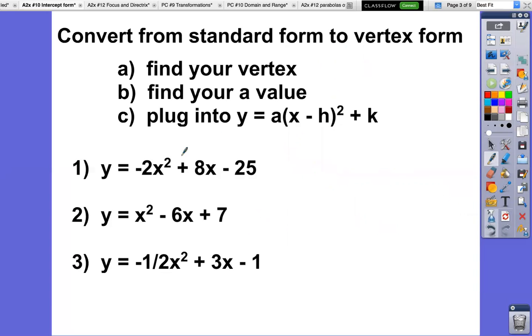What is my a value here? -1/2. Perfect. Now, opposite of b over 2a, the opposite of b is negative 3. What is 2 times negative 1/2?